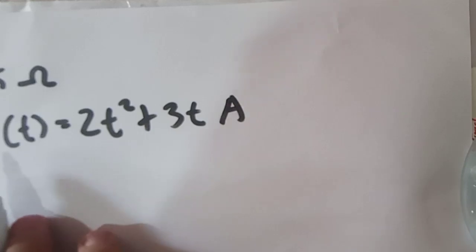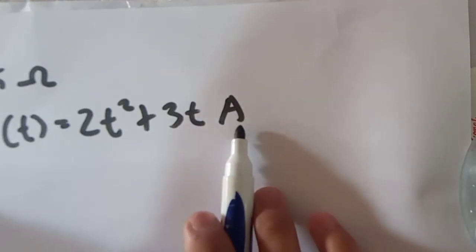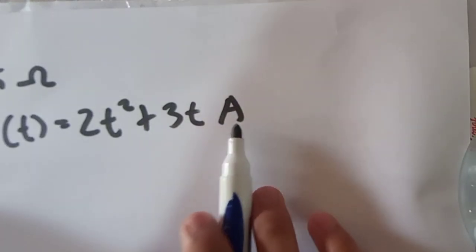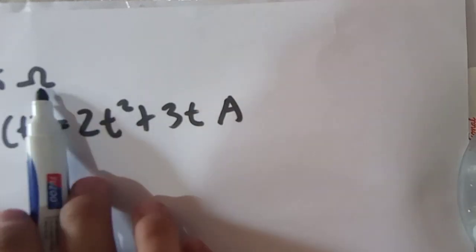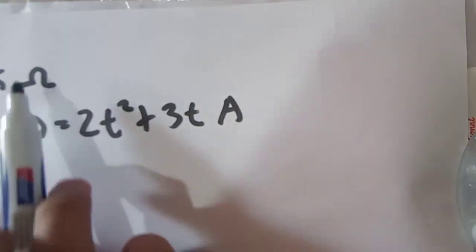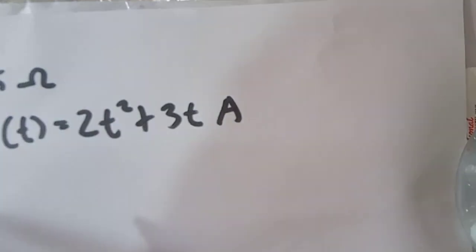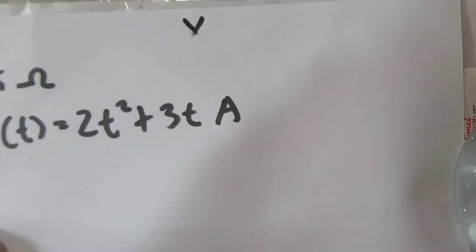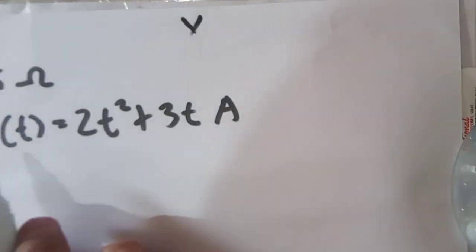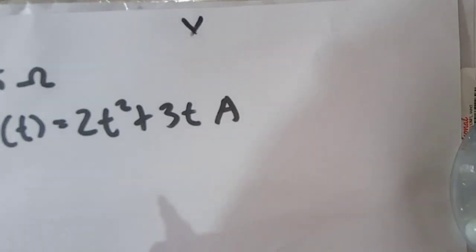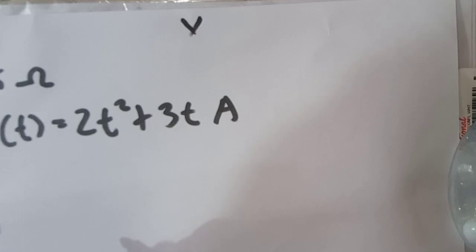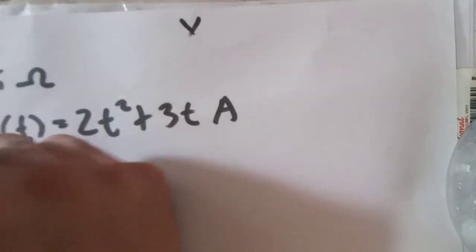Note that we have the symbol for current, ohms for resistance, and on voltage we have the V symbol. Time is in seconds. Find the voltage across the circuit at time 2 seconds.